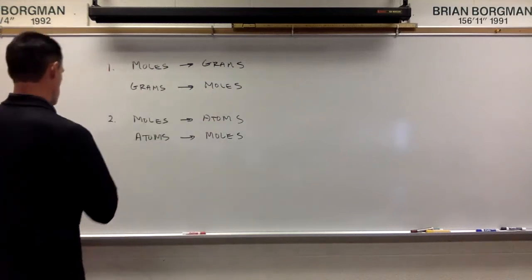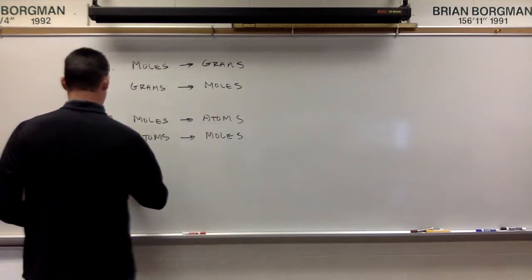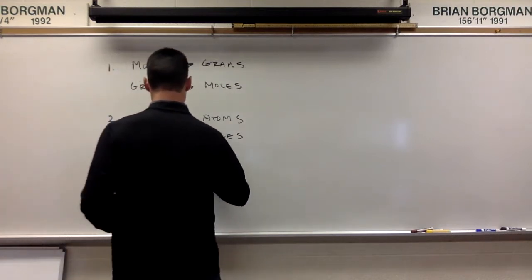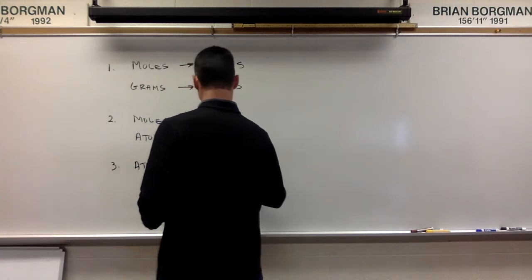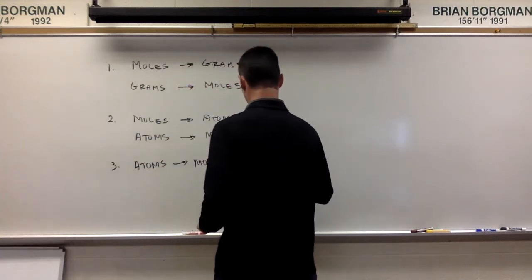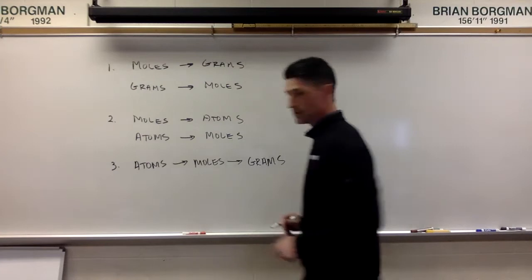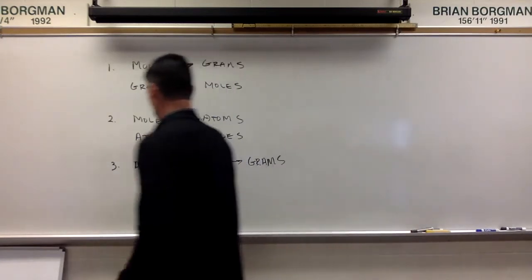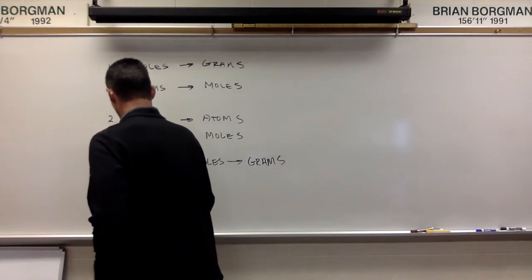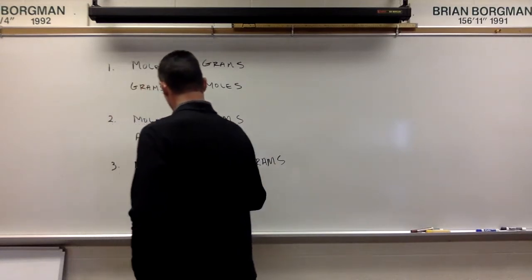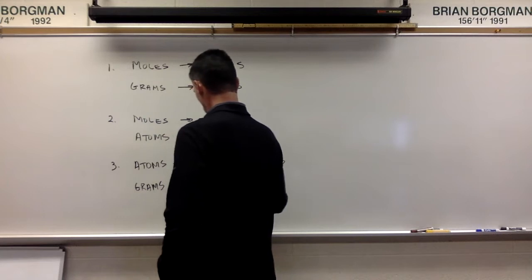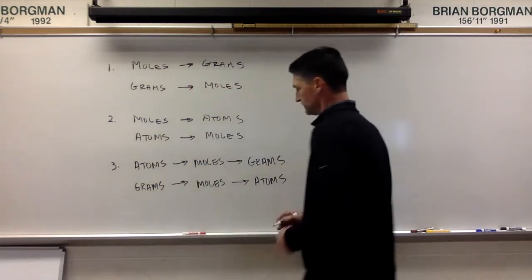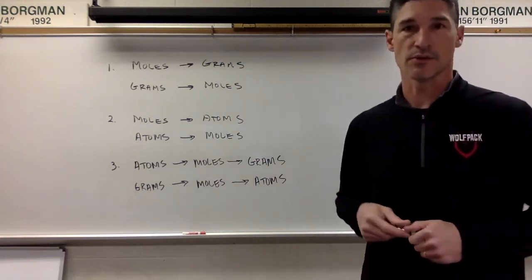So the third one is going to be to go from atoms to moles to grams and then backwards. Okay, so that's what we're going to try to get done.